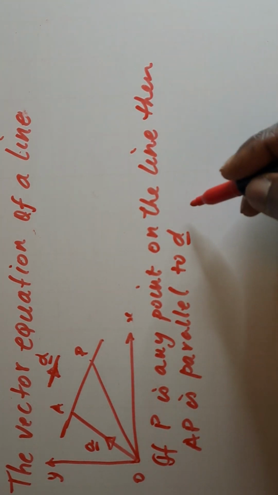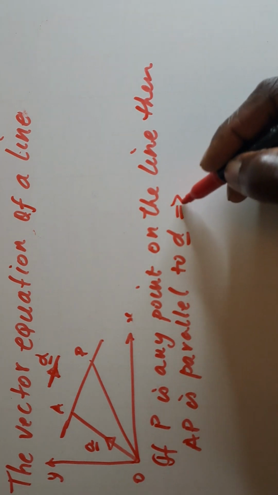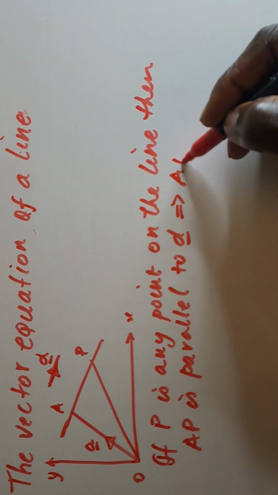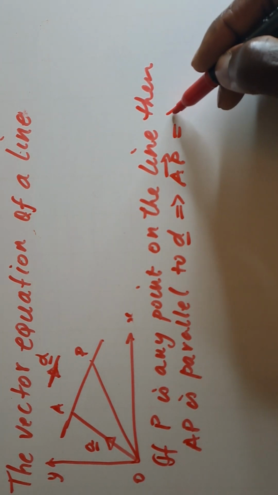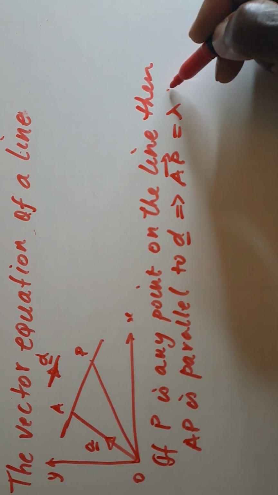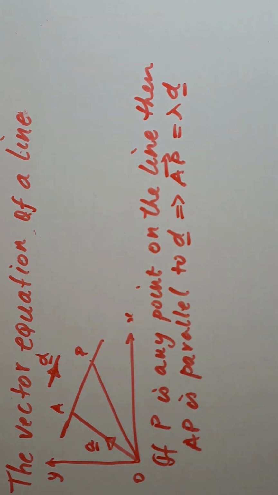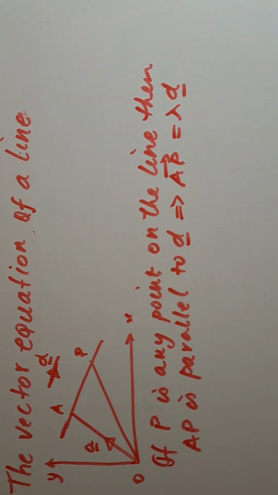This implies that A to P is a scalar times the direction vector D. So there are different magnitudes, so in order to get from A to P, you must multiply your direction vector D by a scalar quantity lambda.